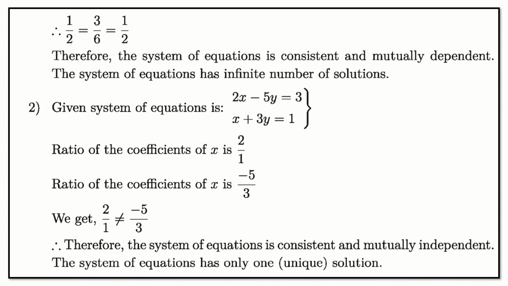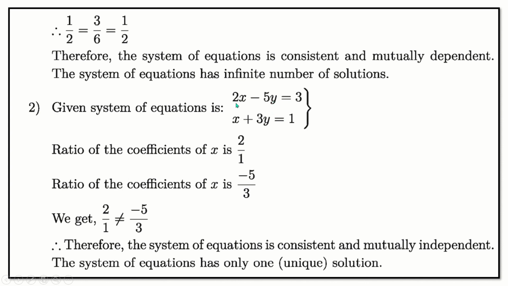Clear everyone? This type of math is important for creative questions, especially number questions; this type of question will come. So you have to practice properly, and it is also important for MCQ. And here mutually independent means we cannot convert equation 1 into equation 2.